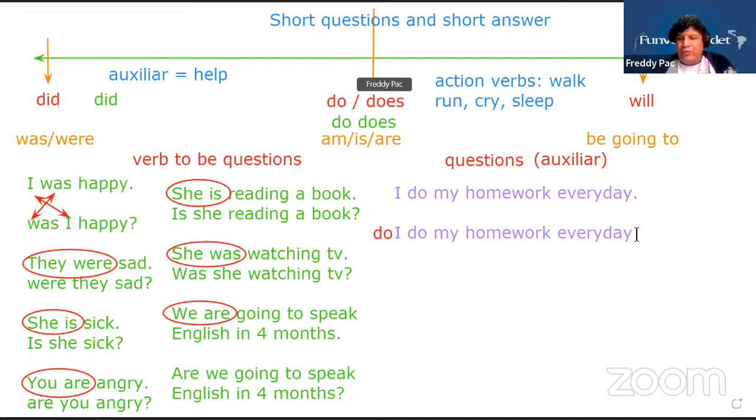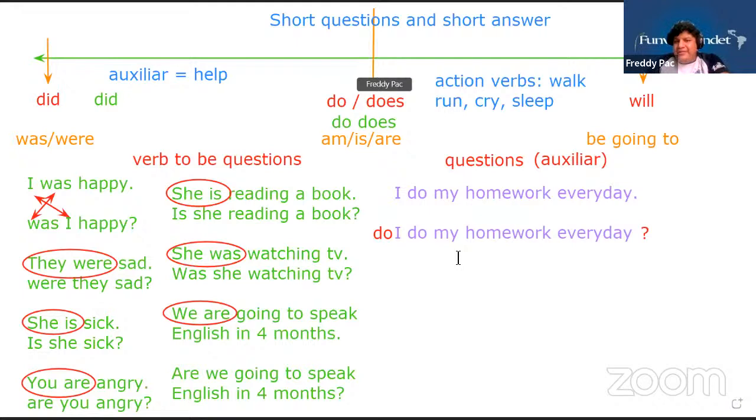Do I do my homework every day? And question mark. What is it that I did? I just copy the sentence and then I put the auxiliary do because it is simple present, and the question mark. I do my homework every day. It is a question. Do I do my homework every day?